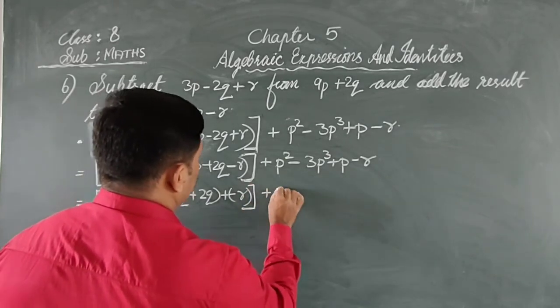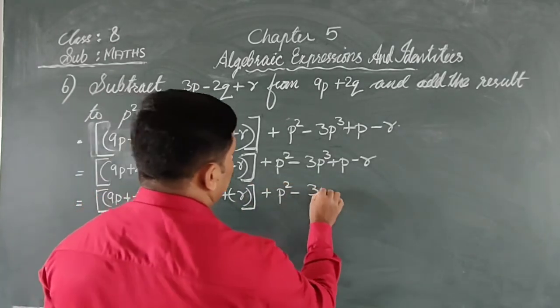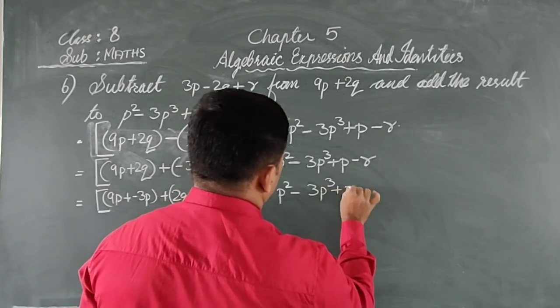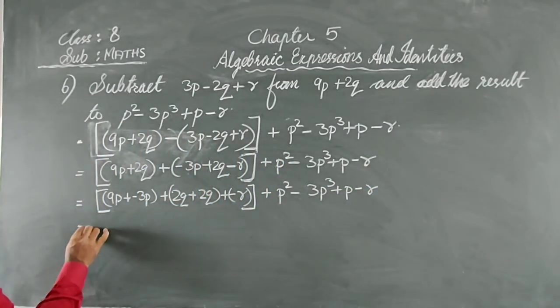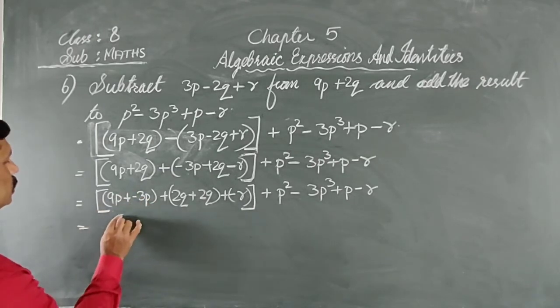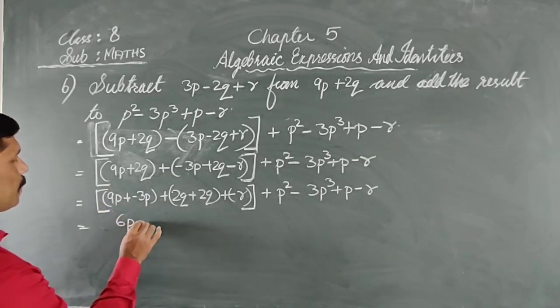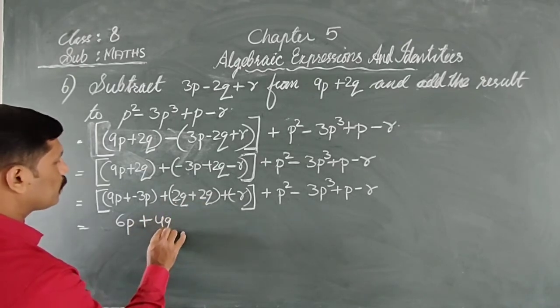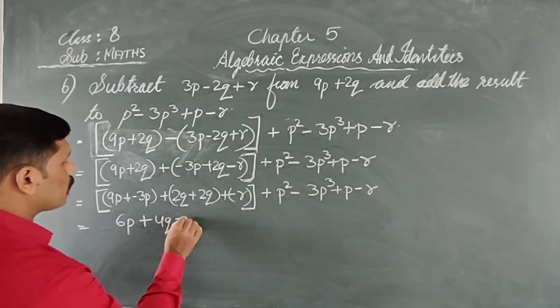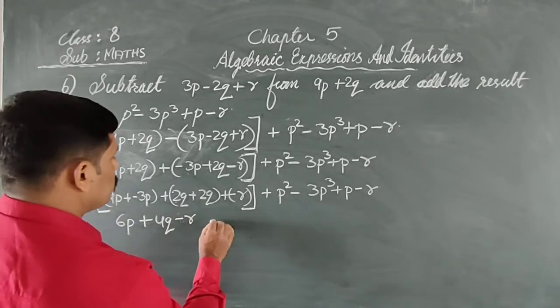Then plus p square minus 3pq plus p minus r. This we write as it is. And next, 9p minus 3p is equal to 6p plus 2q and 2q, 4q, minus r. That is the result of this.